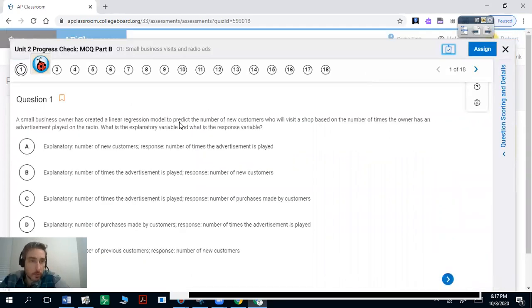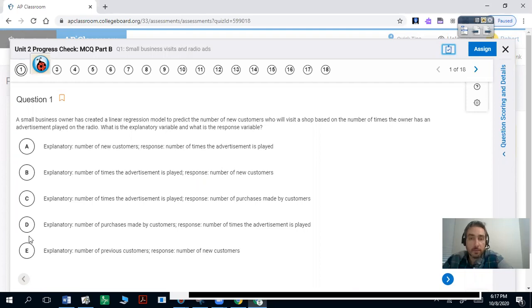So question number 1. A small business owner has created a linear regression model to predict the number of new customers who will visit a shop based on the number of times the owner has an advertisement played on the radio. What's the explanatory variable and what is the response variable? So you're predicting the number of new customers, so that's going to be the response.